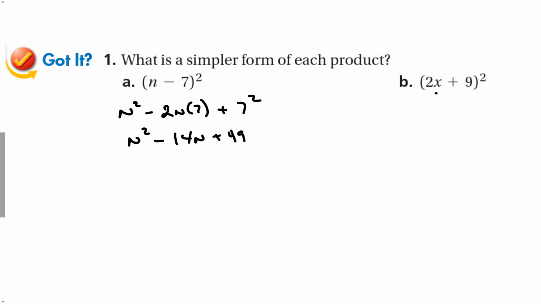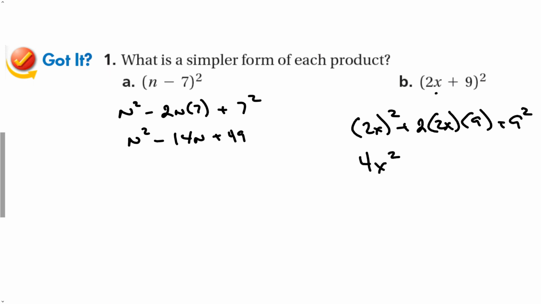This one with 2 in the front, just be careful. 2x squared plus 2 times 2x times 9 plus 9 squared to give me 4x squared plus 36x plus 81. Okay.